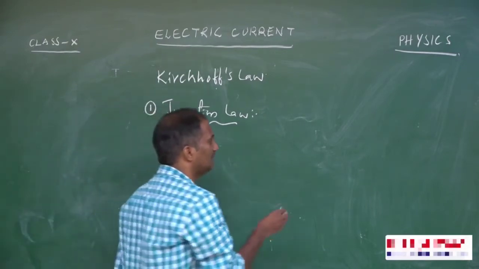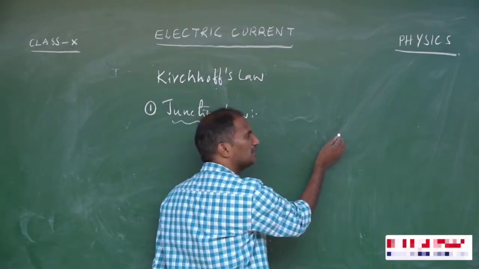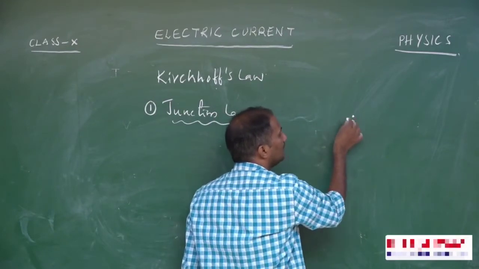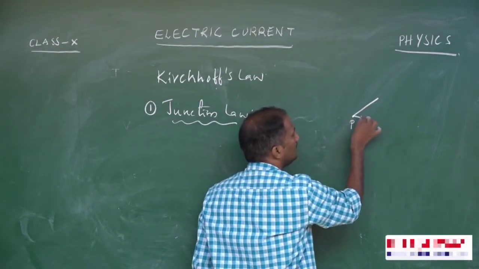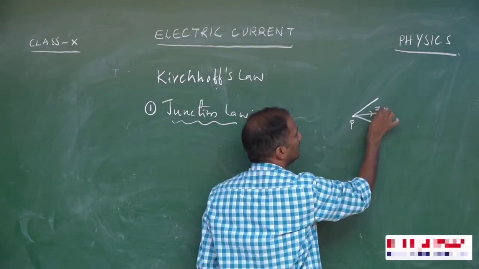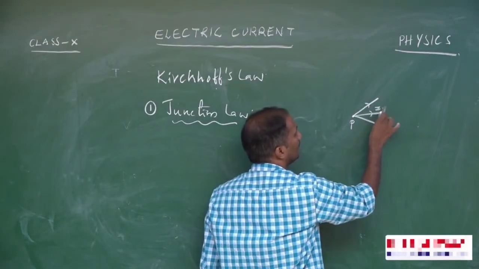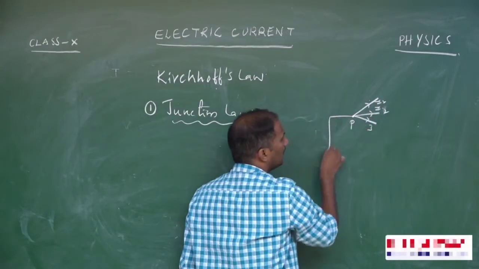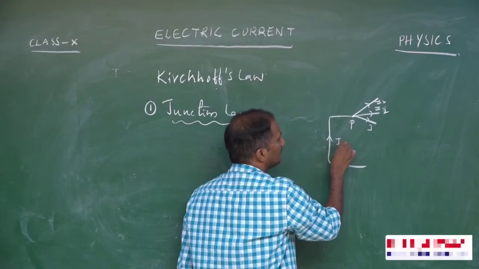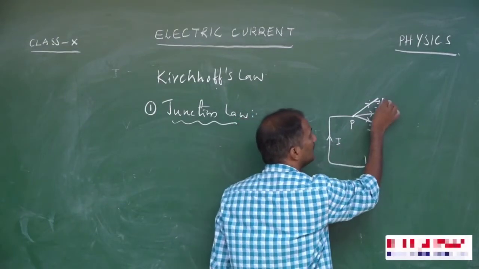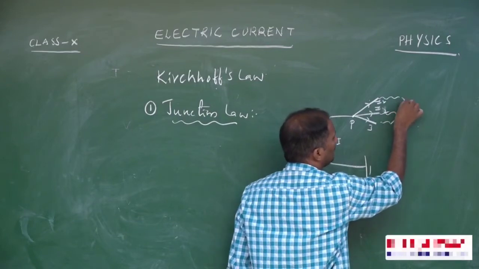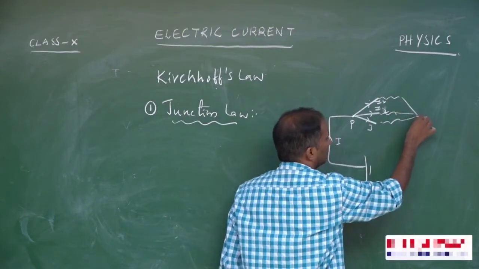Here we can observe that in a parallel combination of resistors, at P three electric currents are observed, that is I1, I2, I3. The total current coming in is I only, but here the current is divided into three ways.